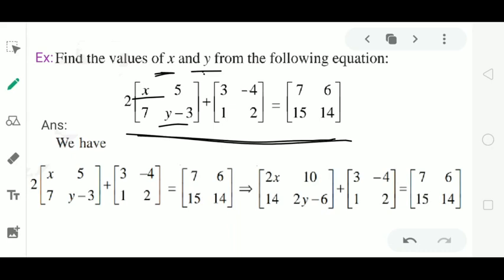Observe the given equation. The LHS is 2 into matrix, that is scalar 2 into matrix, plus another matrix, is equal to a matrix.